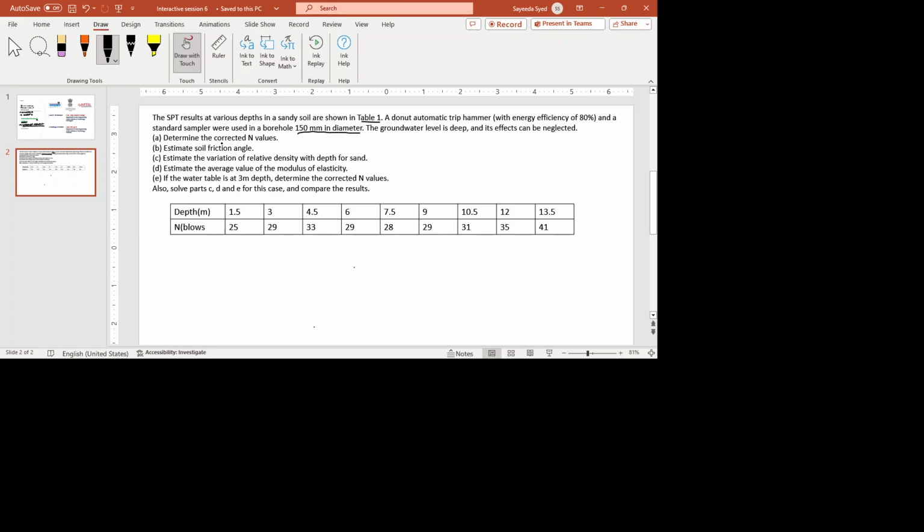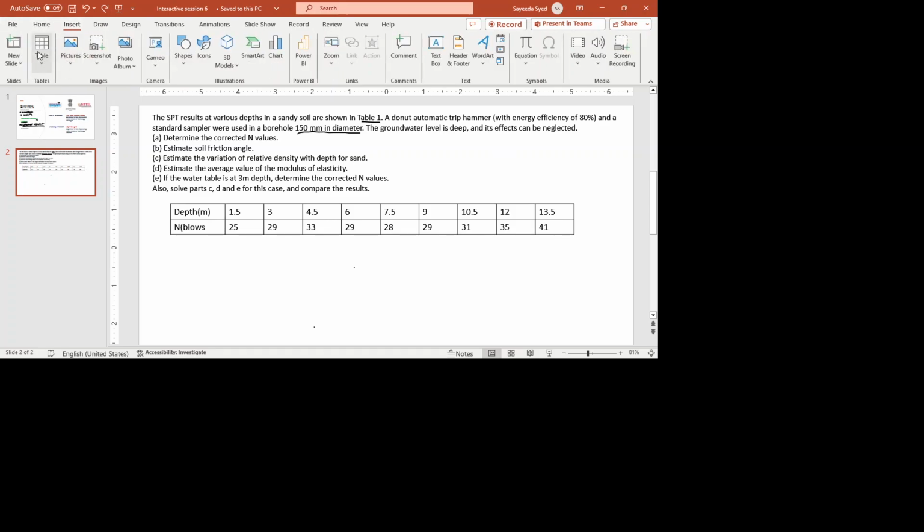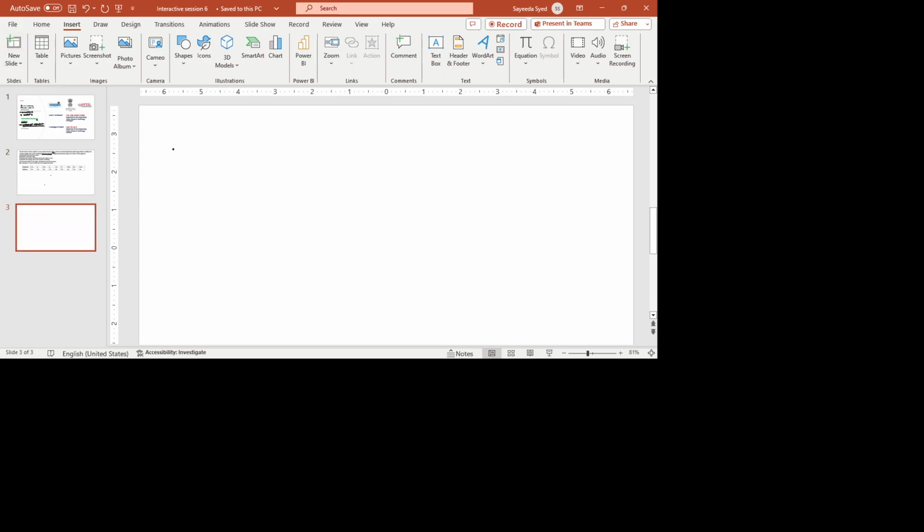Determine the corrected N values, estimate the soil friction angle, estimate the variations of relative density with the depth of sand, estimate the average value of modulus of elasticity, and if the water table is at 3 meter depth, determine the corrected N value. So first let us talk about the SPT test for a little bit, and then we can see how we can tackle these problems.